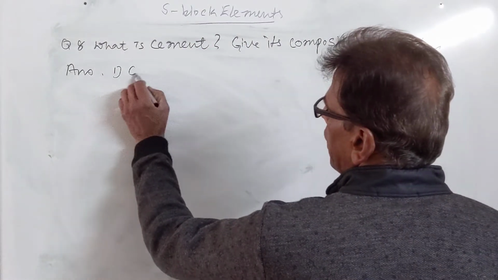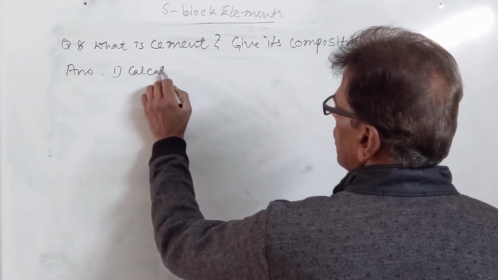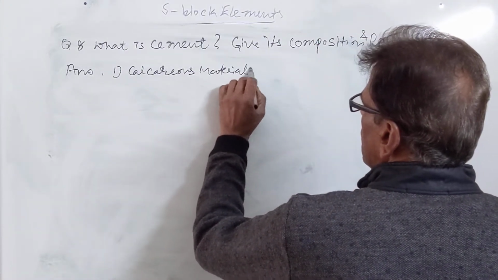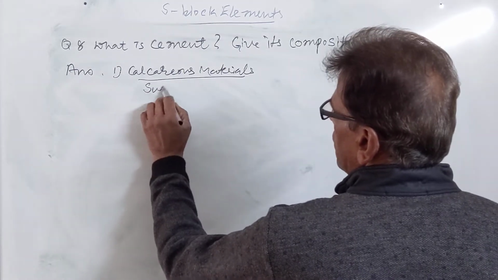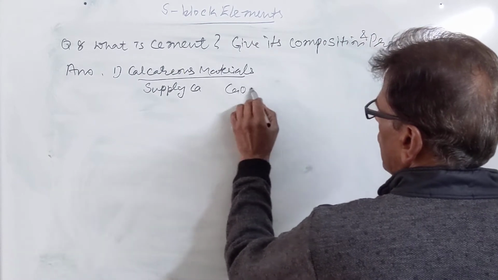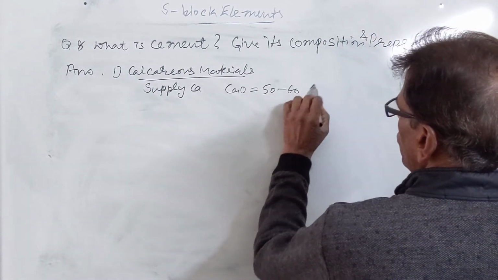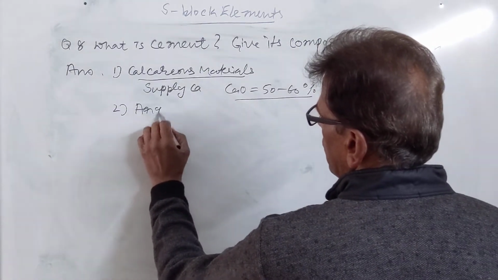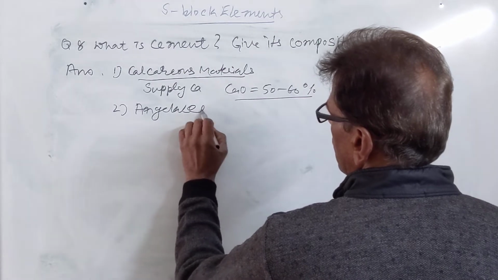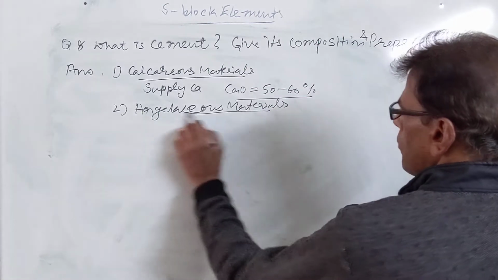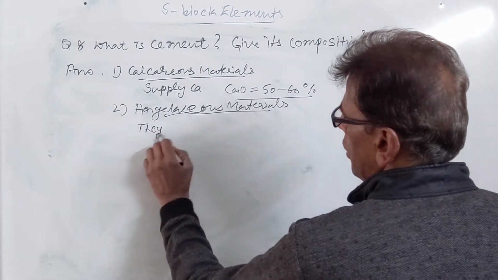Now, cement contains two types of material. Number one is calcareous material. These are the materials which supply calcium, CaO. It is 50 to 60% used in the preparation of cement. Then we have argillaceous material. They do not contain calcium.